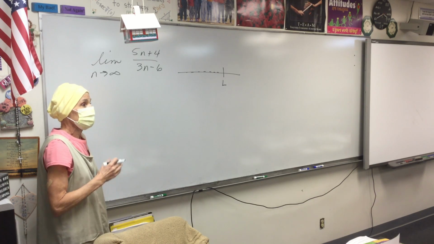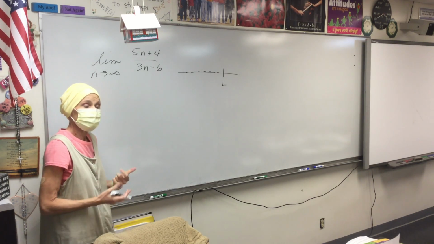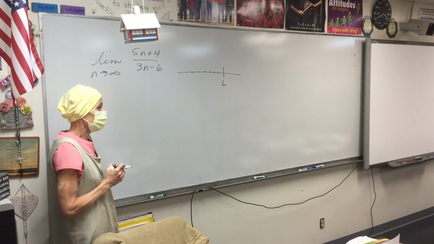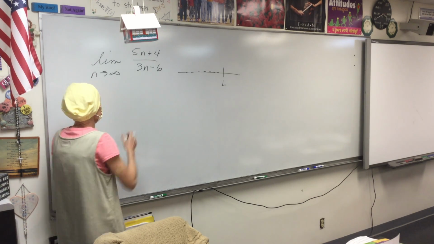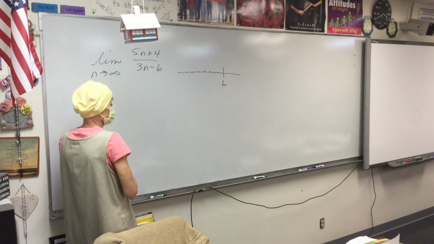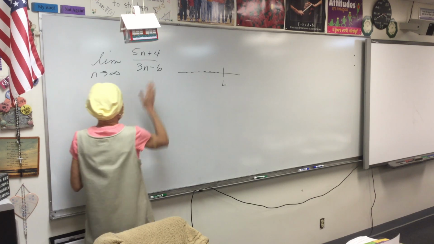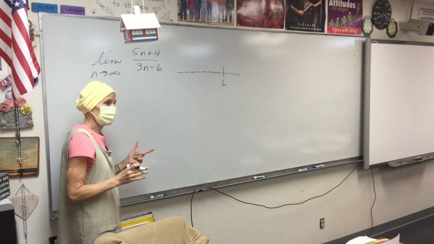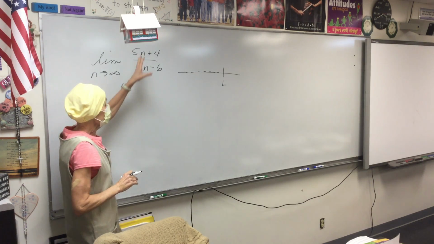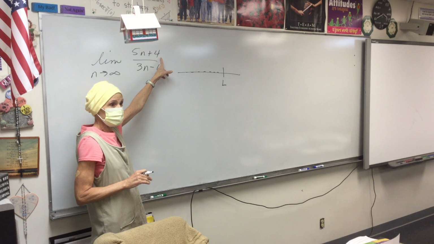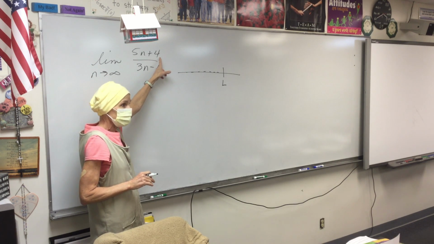Now, those of you that did the exploration and paid attention to the homework paper that I gave you, know that in an expression like this, as n gets bigger and bigger and bigger, these numbers become less significant. Now think about that for a minute. If we're letting n be 1,000,000, how important is the 4? It's not.